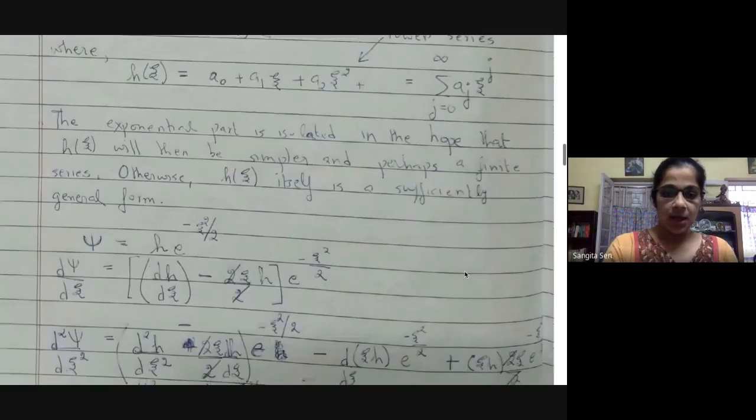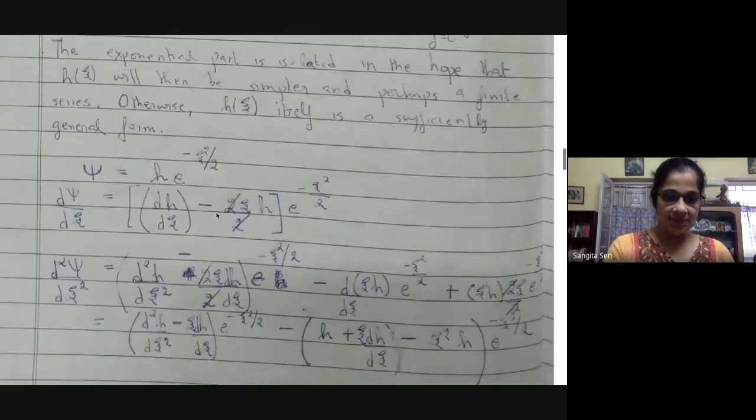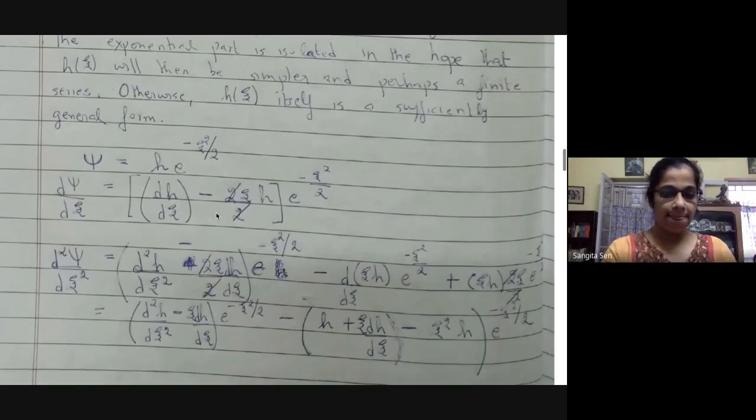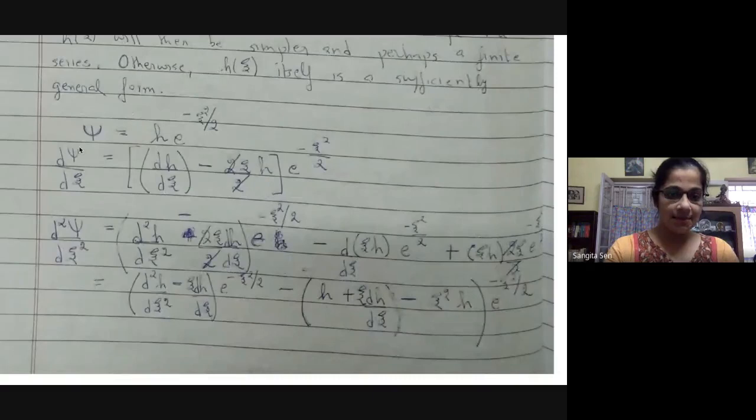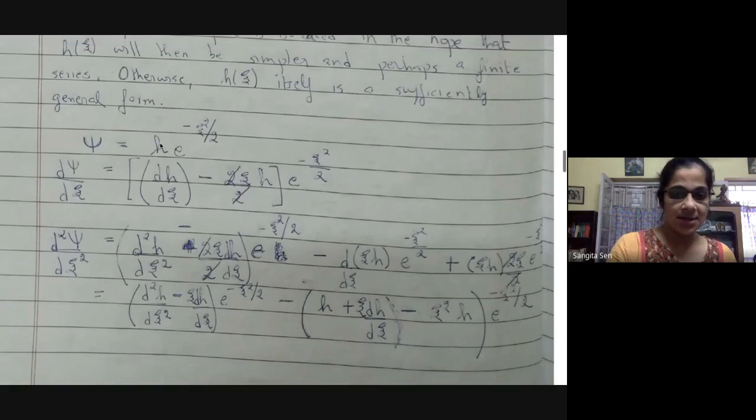Now we will use this functional form in the Schrodinger equation. So let's see. When we take the first derivative of psi with respect to xi, I am differentiating by parts. This part is dh by d xi, and the exponential remains as it is outside the bracket.